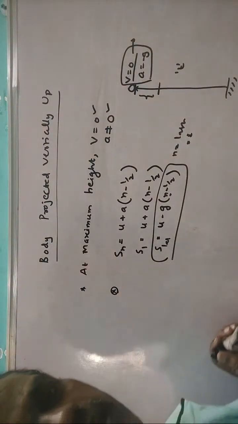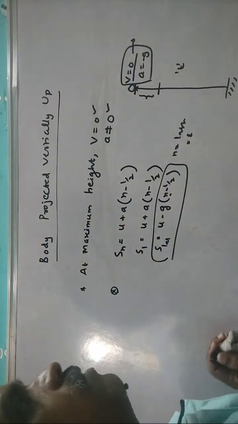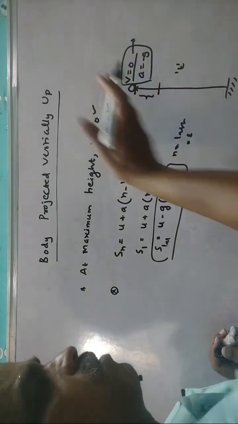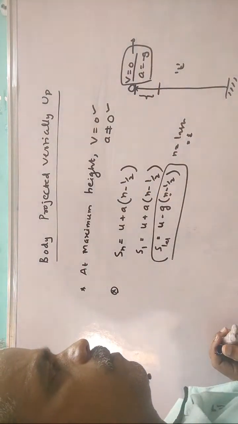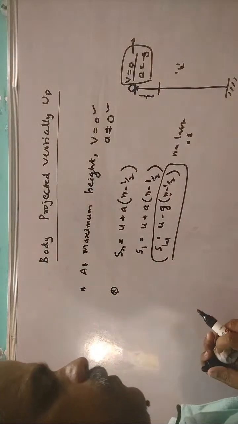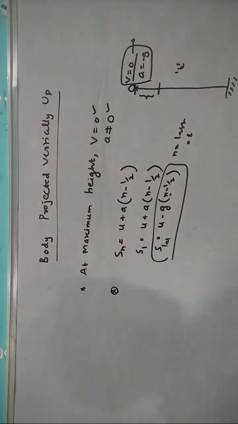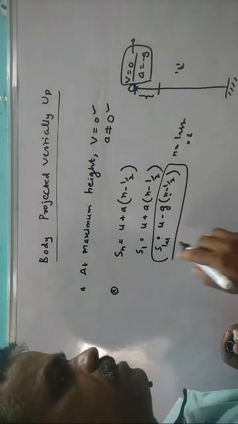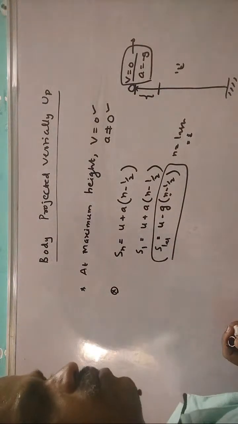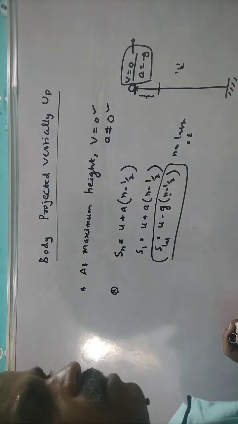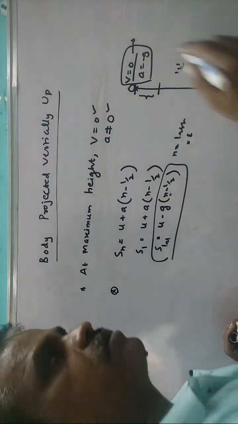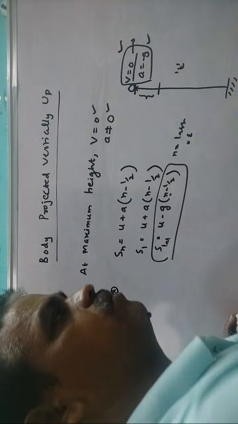Like that we can calculate last second displacement when we project a body vertically up. So next you just copy it. The conditions are final velocity equal to 0 and a equal to minus g.